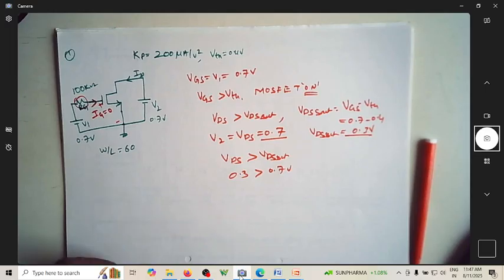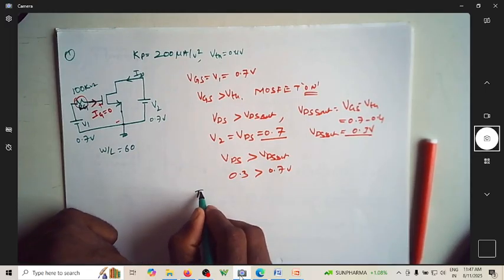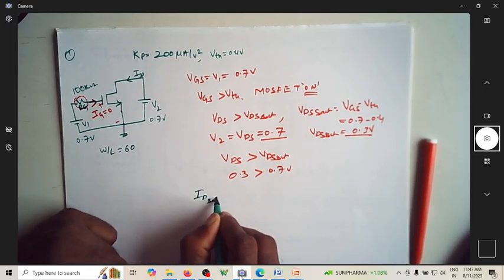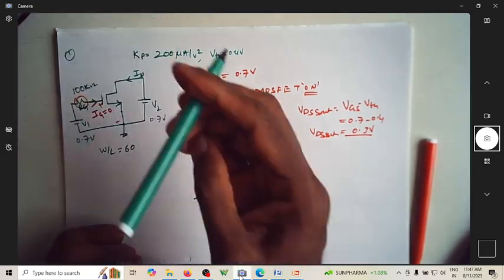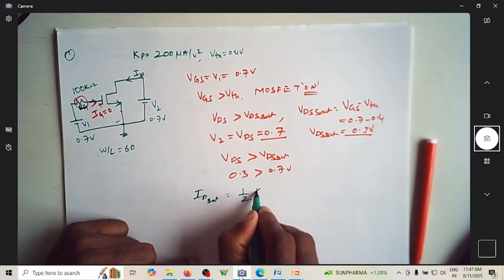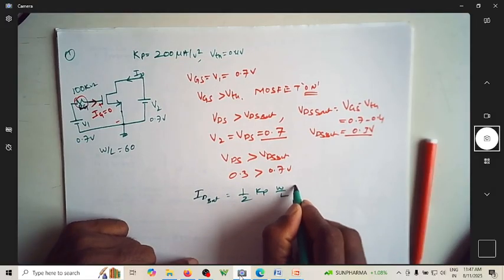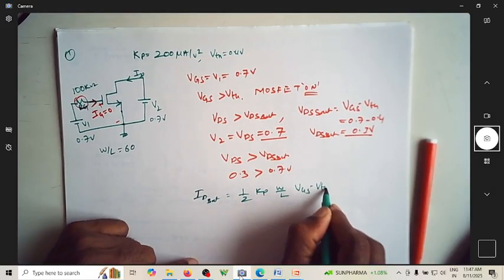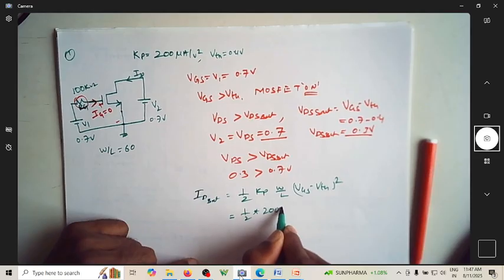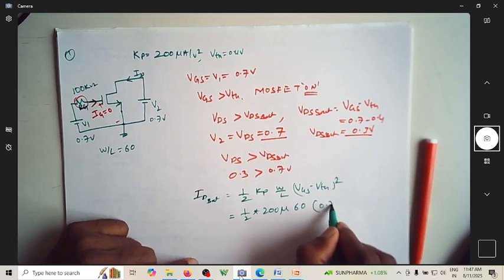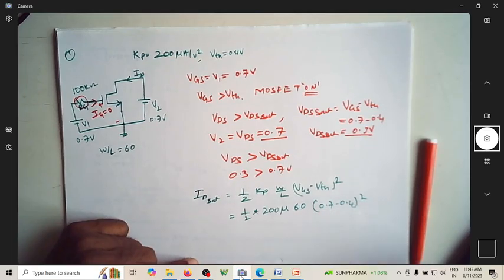In such a case, I can use the expression of ID in the saturation region: ID is equal to half Kp W by L into (VGS minus VTH) whole square. By substituting all the values, I know Kp as 200 micro and W by L is given as 60, and this is (0.7 minus 0.4) whole square.